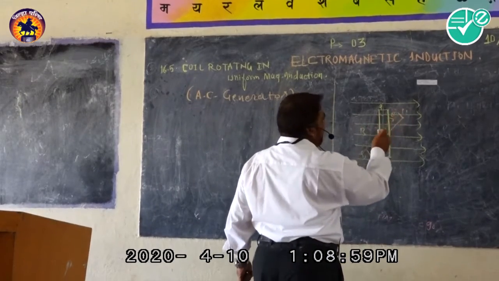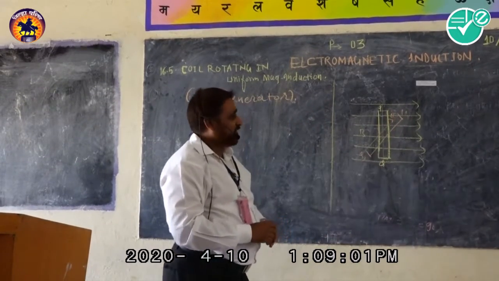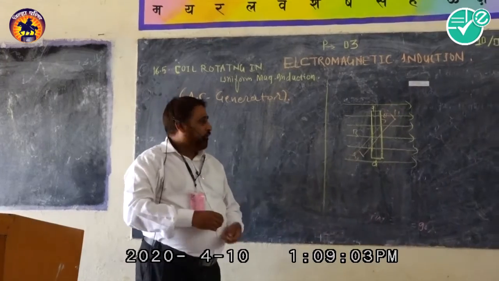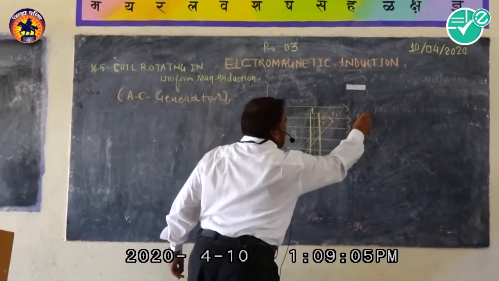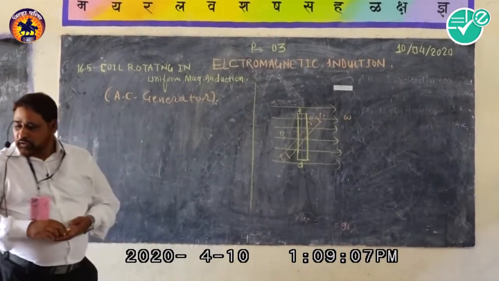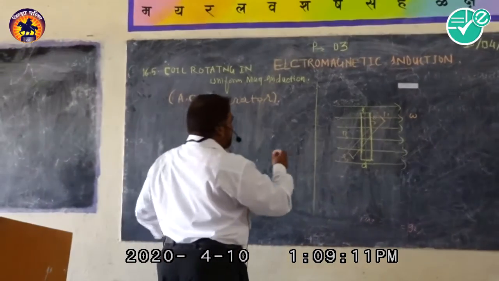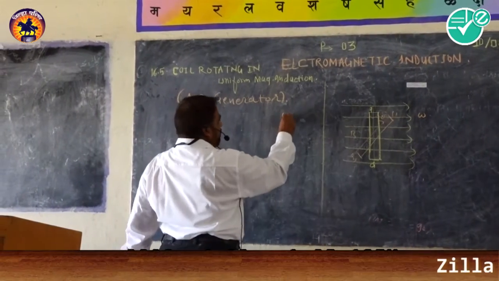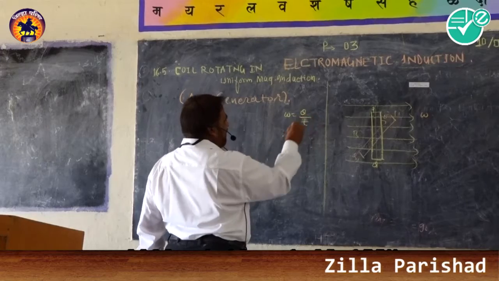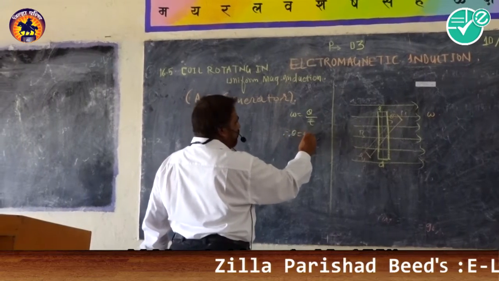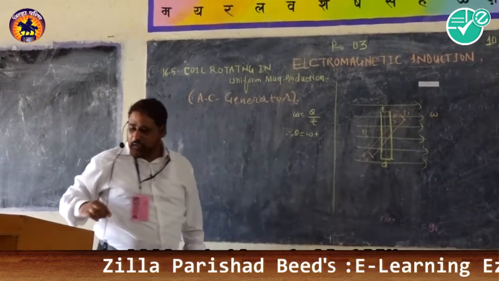The angle made between them is theta. The angular velocity is omega. So omega is equal to theta by t. Therefore theta is equal to omega t.